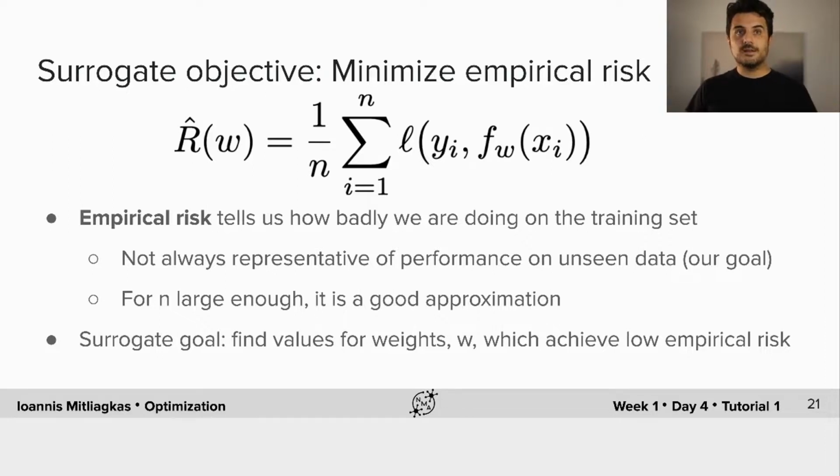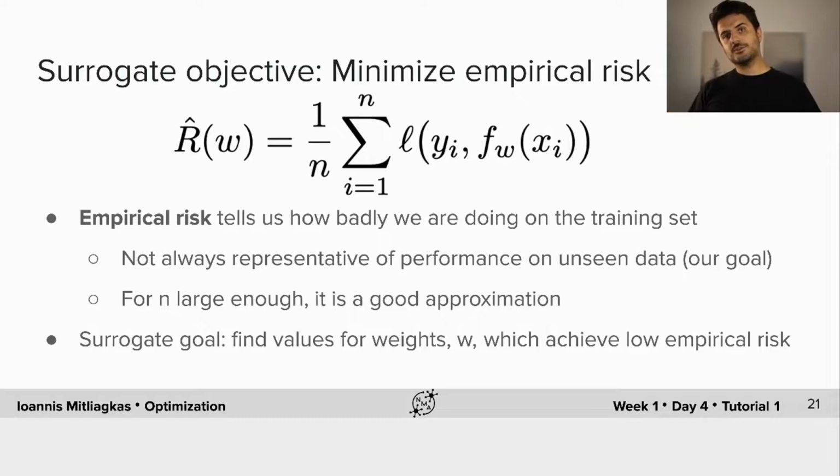It's called the empirical risk. It has a little hat on top of its head, and it is this average. From 1 to n training points, we average the losses on all of the training points that we achieve with our model parameterized by W. This empirical risk tells us how well we're doing, or how badly we're doing actually, on the training set.